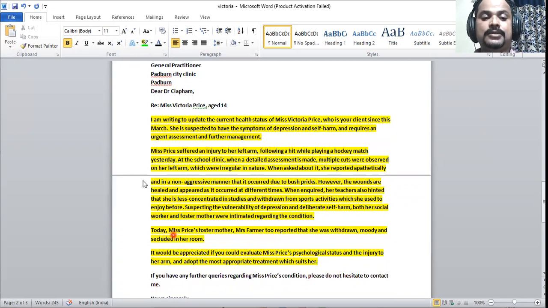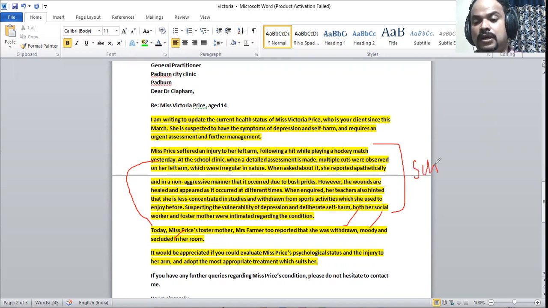Today, so it's connected again. Yesterday, today, Miss Price's foster mother, Mrs. Farmer, too reported that she was withdrawn, moody, and secluded in her room. So this was the thing which is in the school, and this is at her home.